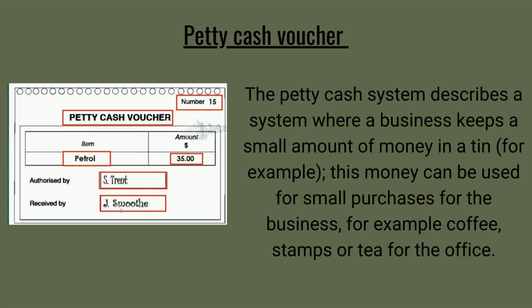So, for example, if you go and buy tea and you say, "Oh yeah, I spent £10 for this tea for the office, can I take it out of petty cash?" Me as the authorizer, I'll be like, "Yeah, sure." I'll write it on the petty cash voucher, put that into the envelope where I'm keeping the money, or maybe somewhere different, like with a paper clip or something, and then I'll reimburse you the £10. That's basically how it works. So that's what a petty cash voucher is.